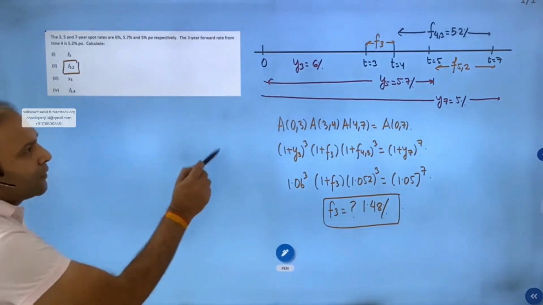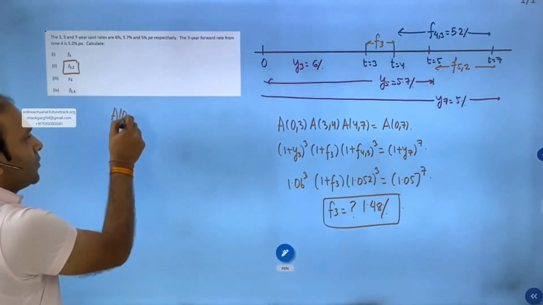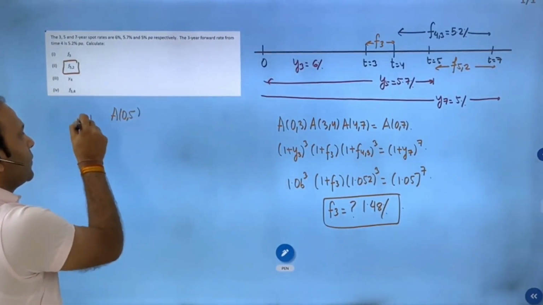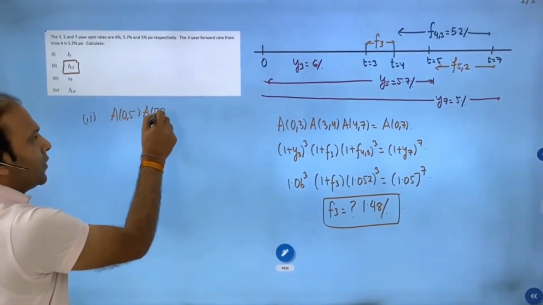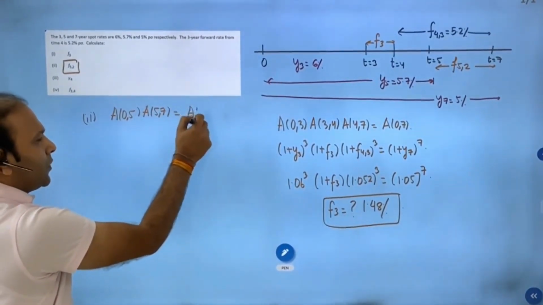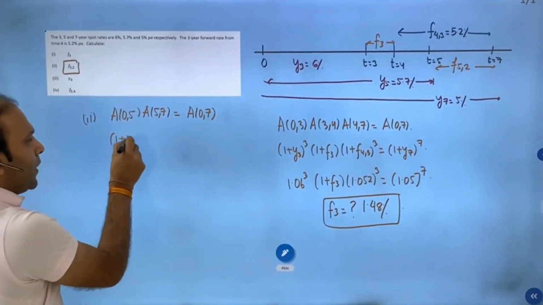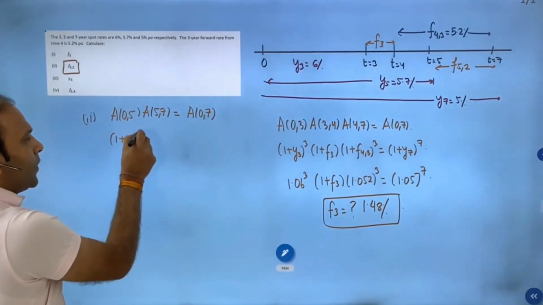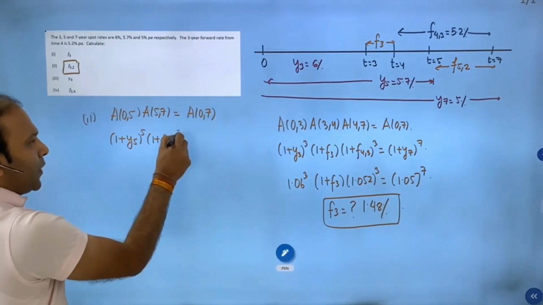So class, to find this, we have from 0 to 5. So I can use accumulation from 0 to 5. 5 to 7 we have to calculate. It is 0 to 7. So 1 plus y5 raised to power 5, 1 plus f 5 comma 2 raised to power 2.